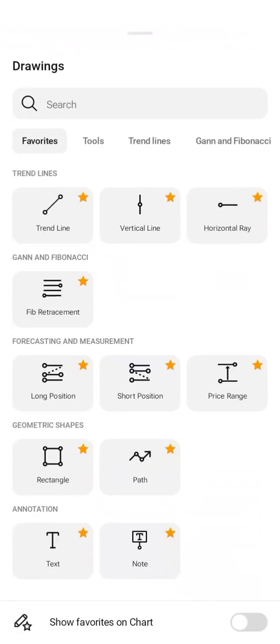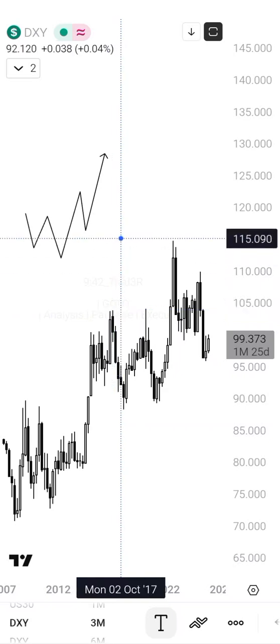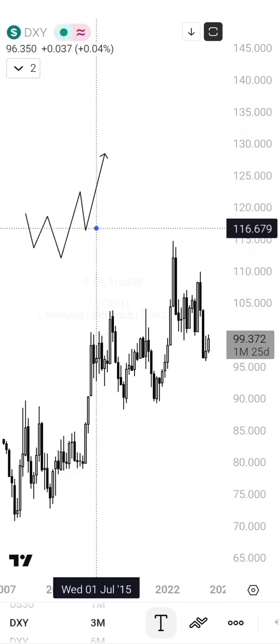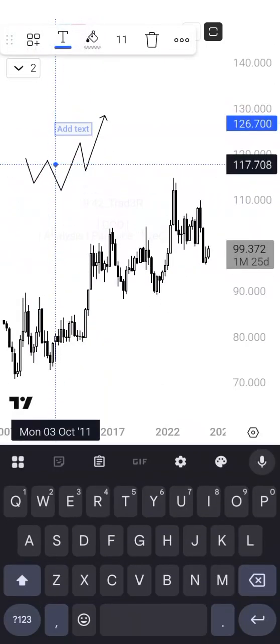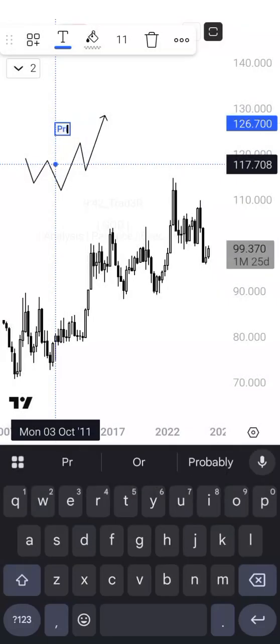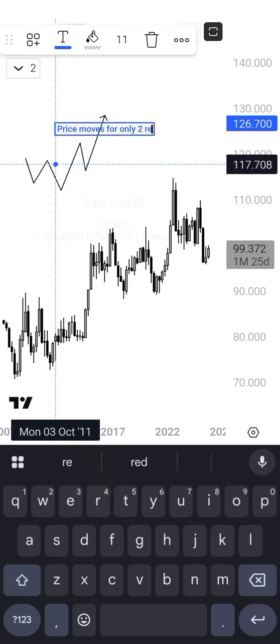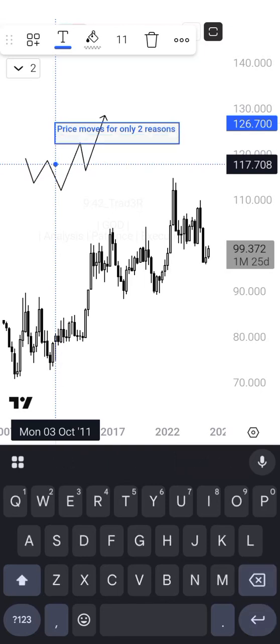Let me write some notes. Price moves for only two reasons.